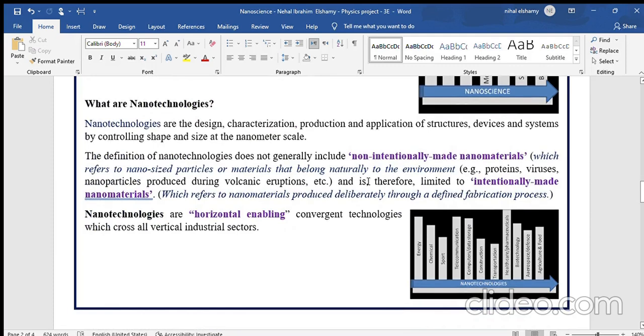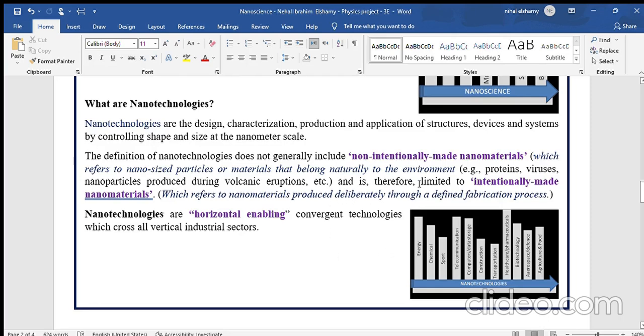What are nanotechnologies? Nanotechnologies are the design, characterization, production, and application of structures, devices, and systems by controlling shape and size at the nanometer scale. This definition of nanotechnologies doesn't generally include the non-intentionally made nanomaterials, which refers to the nanoscience particles or materials that belong naturally to the environment, like proteins and viruses.